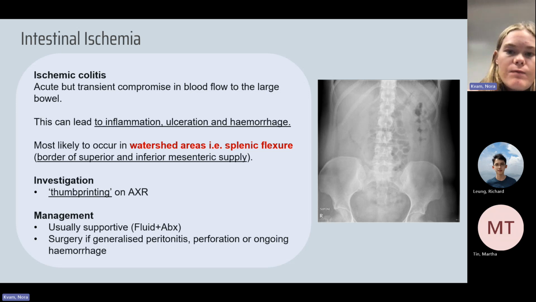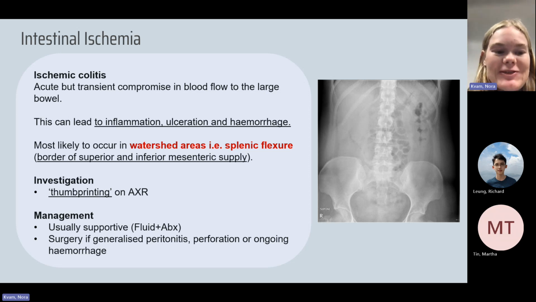The supply to one part of the tube and another part of the tube may be from two different arteries, and between those two arteries are the watershed areas. Those areas have less vascularization, less blood flow going to them, so there's more likelihood of developing ischemic colitis in this area.